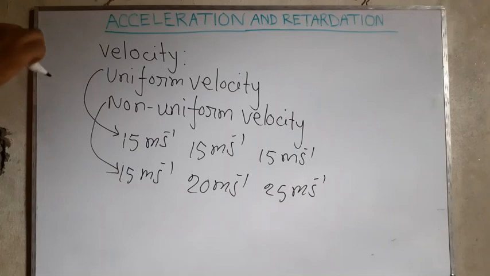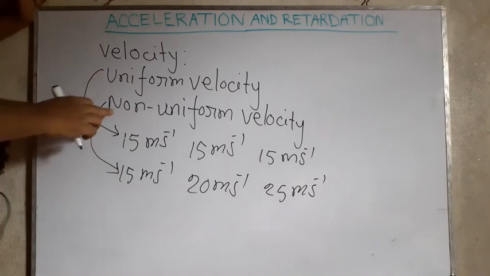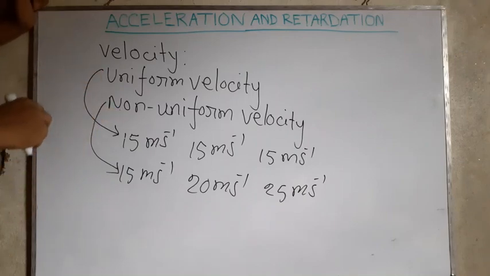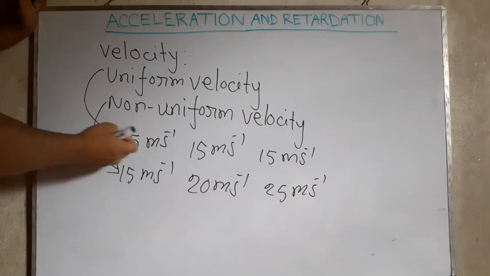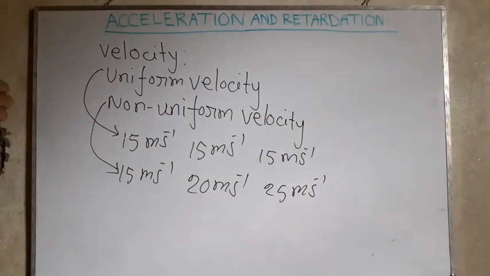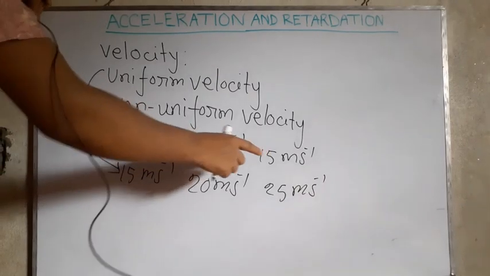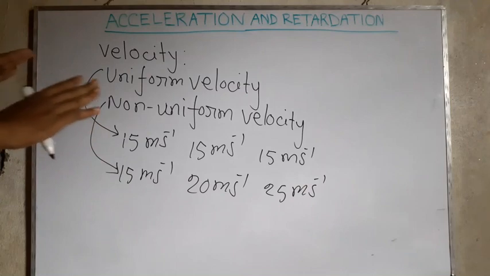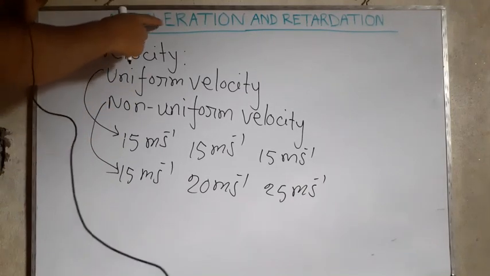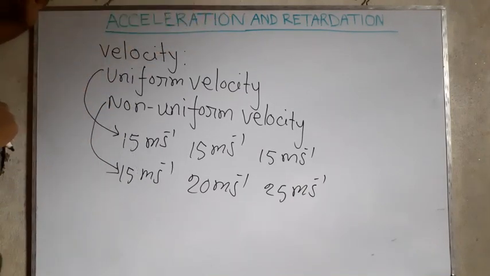When an object changes its velocity, it is non-uniform velocity. When an object does not change its velocity, it is uniform velocity. In uniform velocity, there is no change in velocity, so there is no acceleration or retardation.